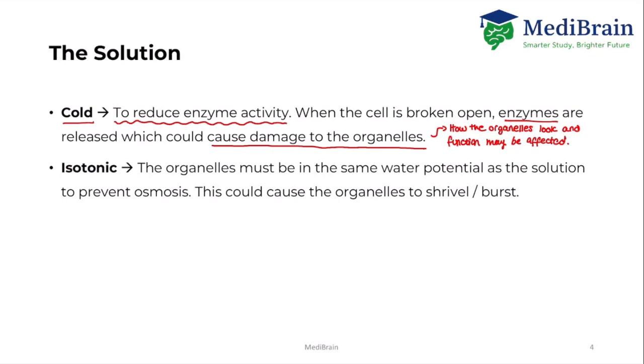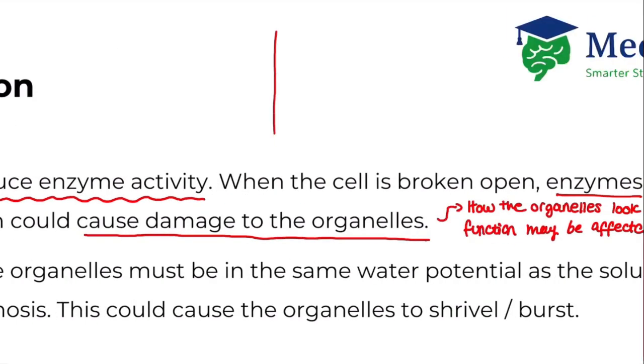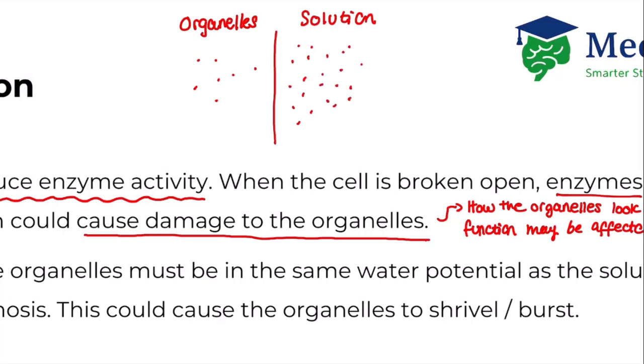Because if you imagine, if I drew an image, and these are our organelles, so we've got our organelles on this side, and inside the organelles we've got this many water particles. And then in the solution we put in a very dilute concentration, which means there are a lot of water particles, like this.